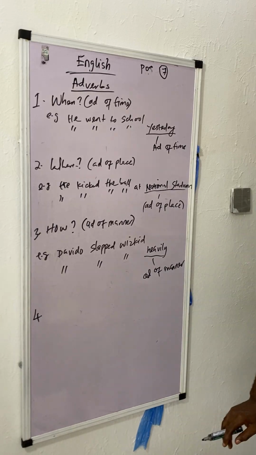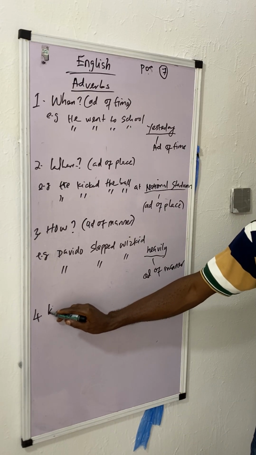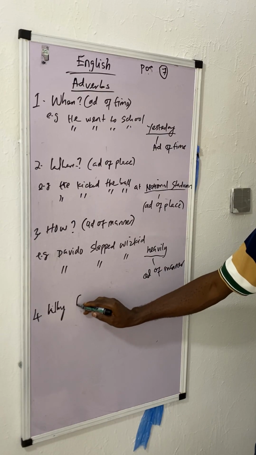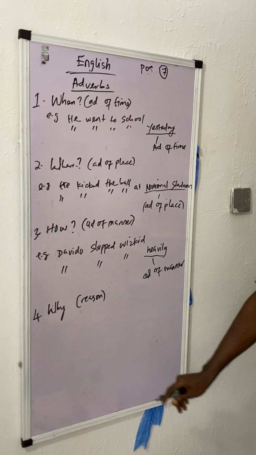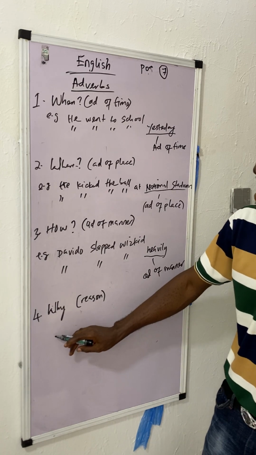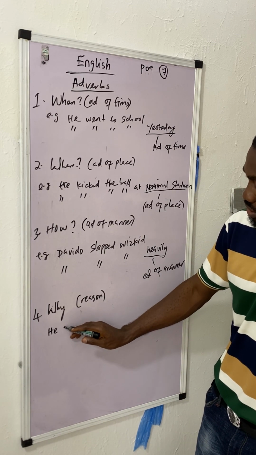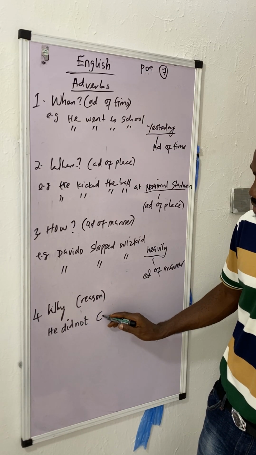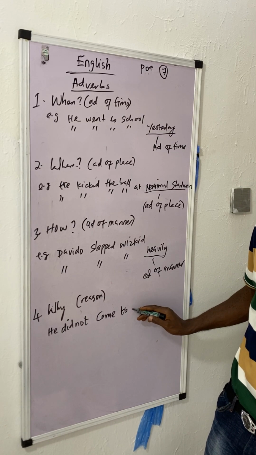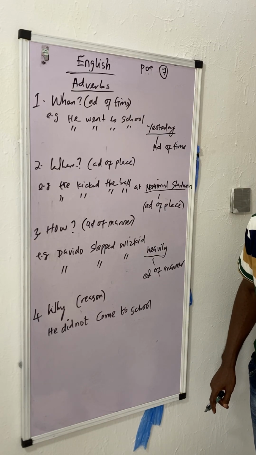Then the fourth one, which is not the final though, we are going to look at other sweet adverbs. Adverb answering the question why, which is what? Adverb of reason. Okay. He did not come to school.